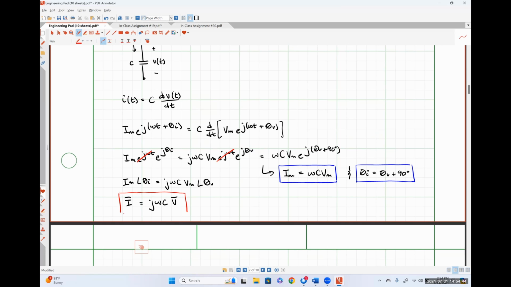So we have now figured out what our current-voltage relationships are for resistors, capacitors, and inductors in the frequency domain.